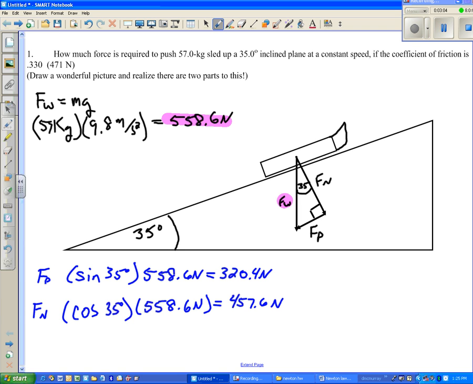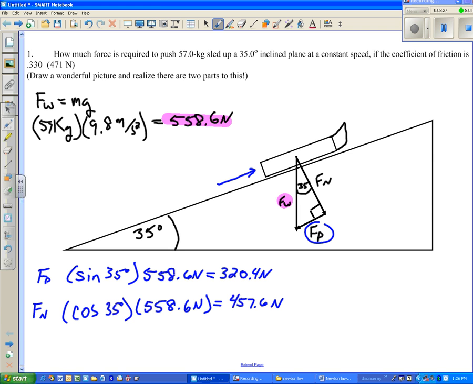Now, let's take a close look at this question overall. It's looking for how much force is required to push this sled up this inclined plane if there's a coefficient of friction. And so the force to push this thing in this particular direction, it's always got to overcome the parallel force, because that's the force that the inclined plane sort of derives straight from gravity.